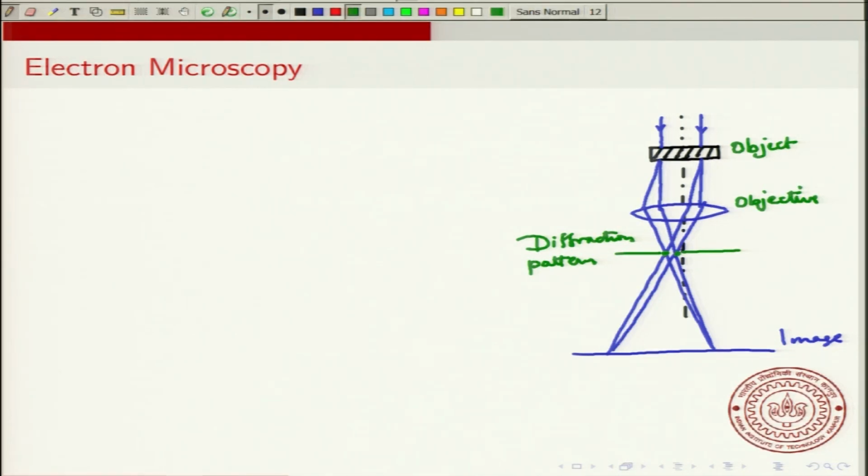Now, a few things about electron microscopy. The source for electrons is usually a tungsten filament that is heated. The electrons that are produced by heating the tungsten filament are accelerated through some voltage. If they are accelerated by voltage V, then this V is typically about 50 to 100 kilovolts.